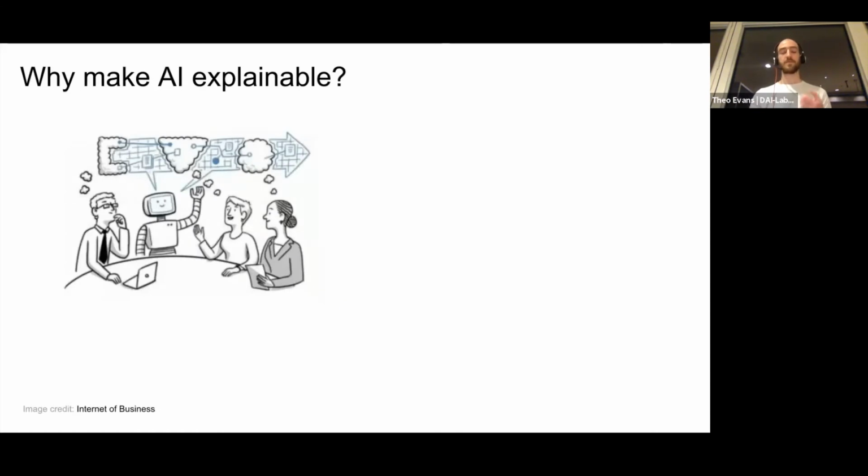Now, I'm sure we don't need to motivate too strongly the need for explainability in AI. We can think about this in terms of being able to improve or understand where our model is going wrong. If we understand why it is reaching conclusions, we can understand why the incorrect conclusions it comes to have been made, and understand better how we can fix those problems.